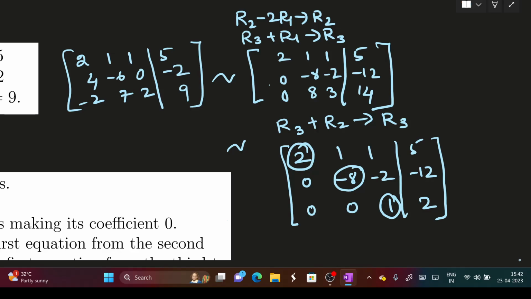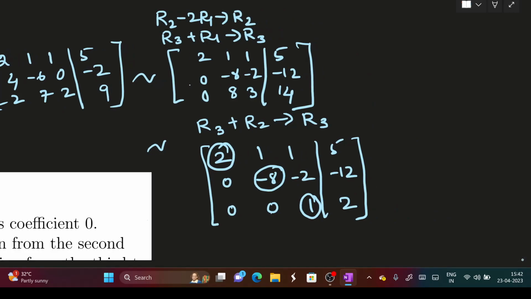Similarly, if this variable is 0, then it will be a problem to find the value of w. So these are crucial values of the matrix. Using these 2, I have made 0 here, 0 here. Similarly, using this minus 8, I made 0 here. So these are the pivot variables.